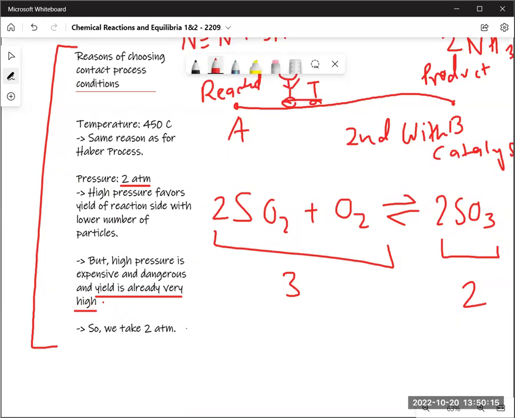Isn't it 200 atm? 200 is for the Haber process. That's why it's different. It's not the same as Haber. Here, we use low pressure because the yield is already high. In the Haber process, the reaction is very slow and the yield is less, so we have to do quite a lot of things. But SO3 over here is already very high, so there is no need of increasing the pressure.